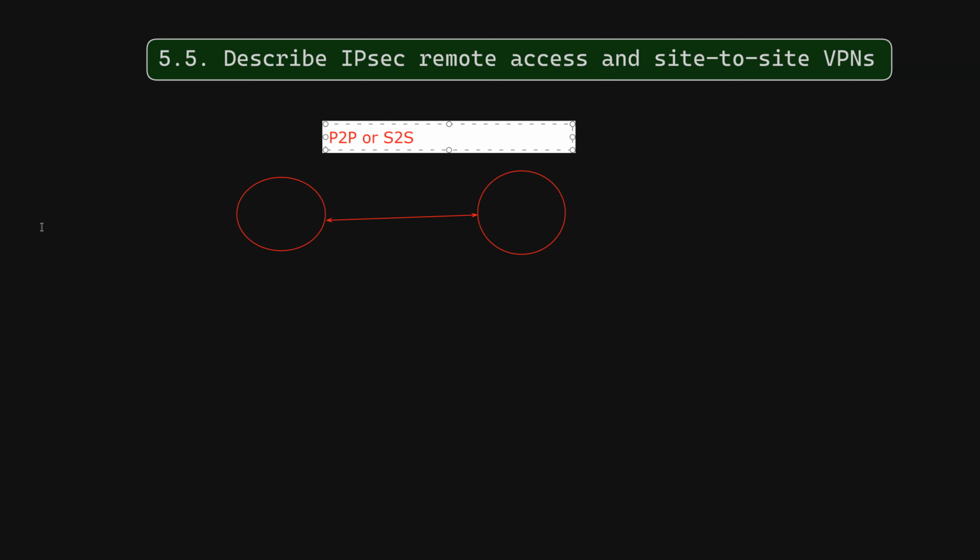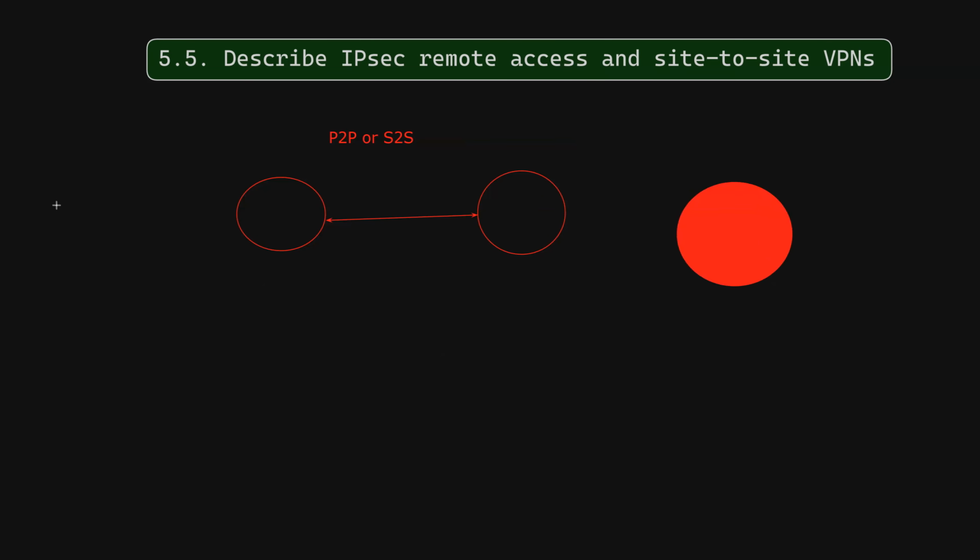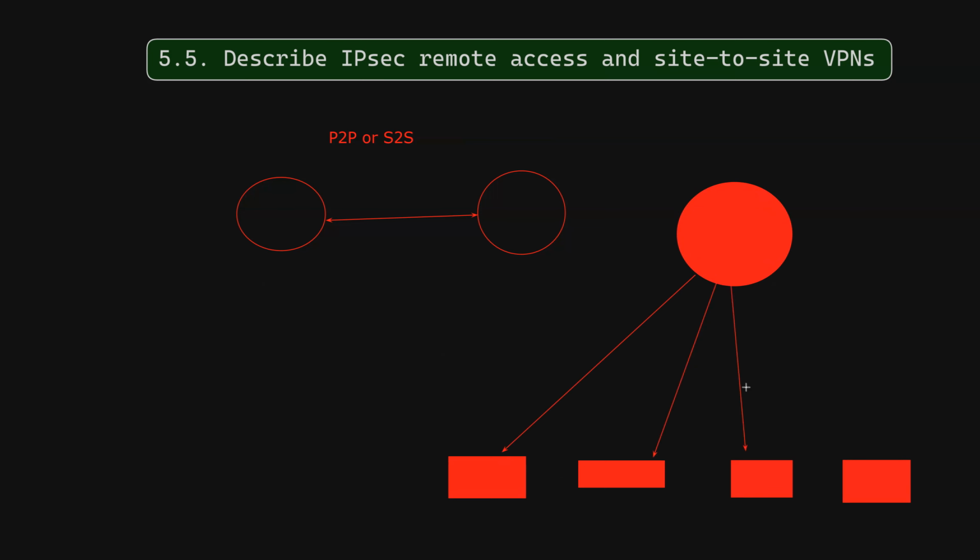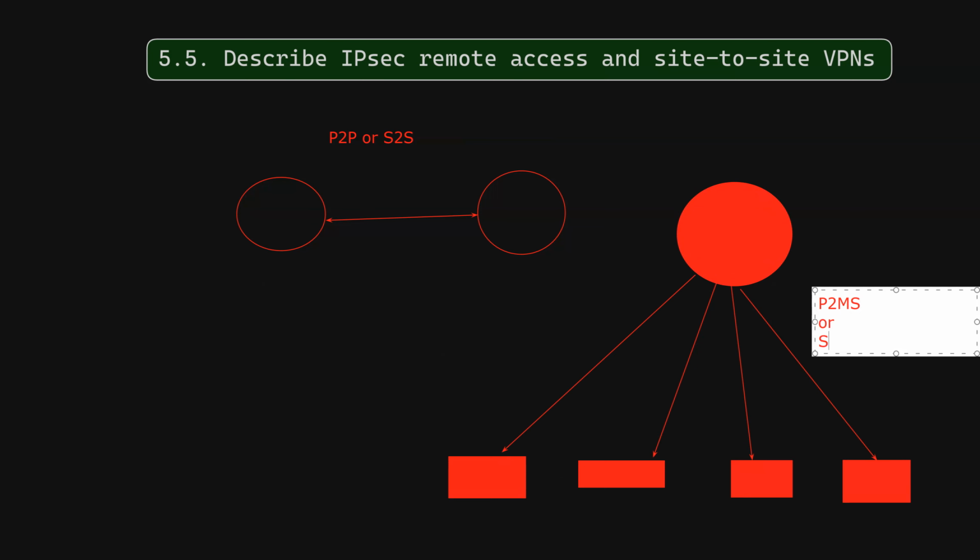But in case you have one server on one side and on the other side you have just the receivers or the clients, and then you are connecting, this is point to multi-site or site to multi-site.